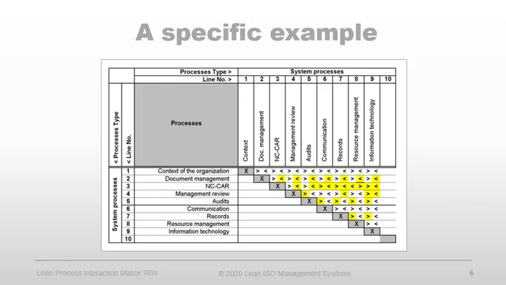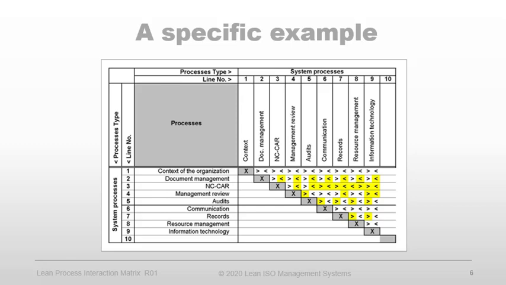This matrix shows the context provides input into the documentation management, triggering its documentation. In its turn, the documentation management provides output into the context, defining the format for the context document.